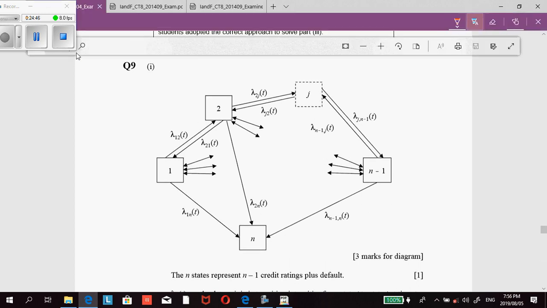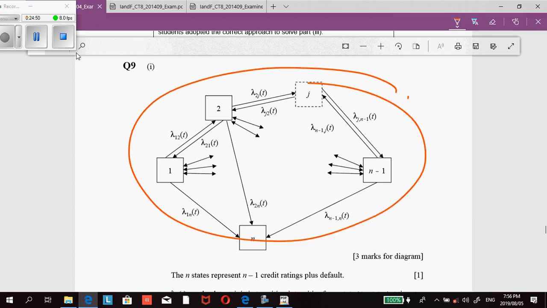So this is what the examiners are looking for. This is the diagram that the examiners are looking for. Remember, the Jarrow-Turnbull model is the generalization of the two-state model with n minus one states, and n being the absorbing state, as you can see there. And please show your transition intensities.